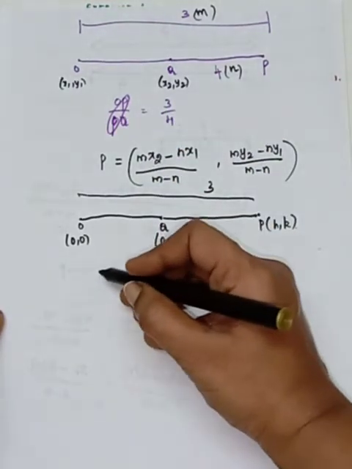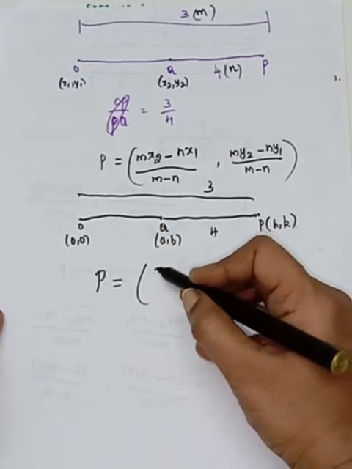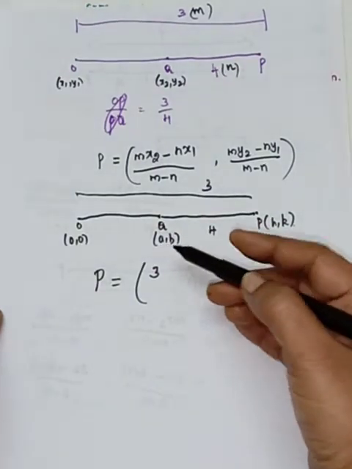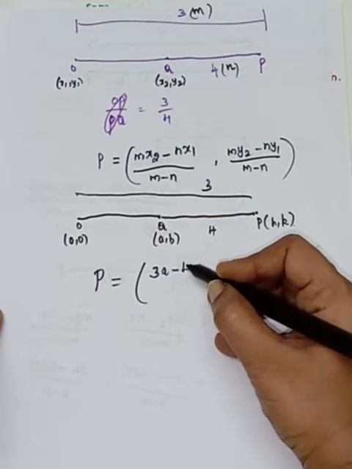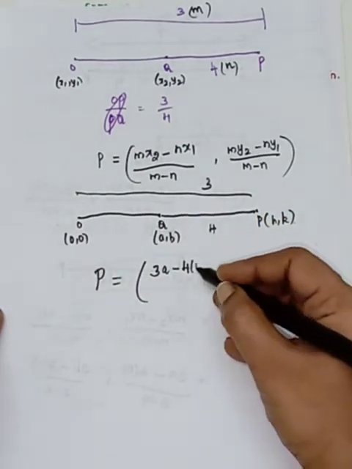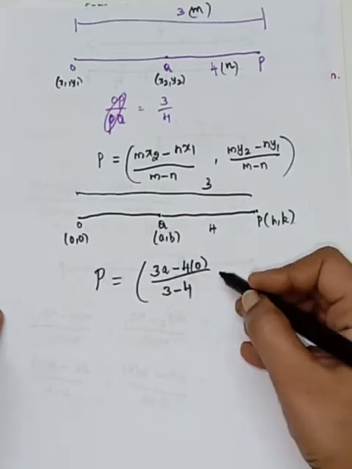The P coordinate is m x2 minus n x1: 3a minus 4 into 0, divided by m minus n, that is 3 minus 4.